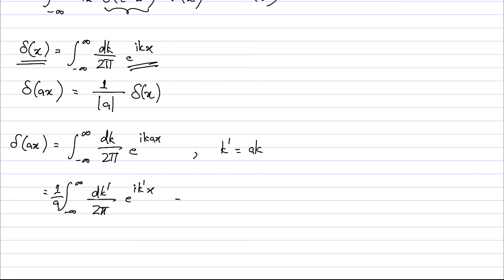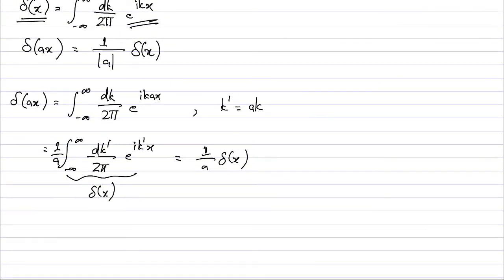So this is just delta x. You have 1 by a delta x. You can now repeat the argument where a is negative, and you'll find that delta ax is given by this thing. So you have to divide by the absolute value of a.